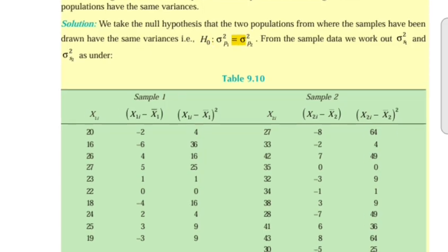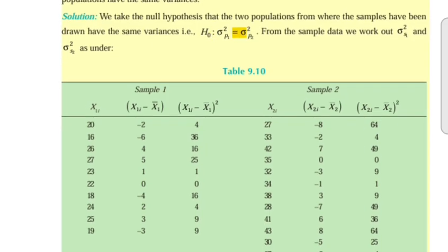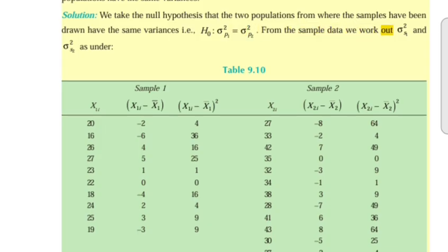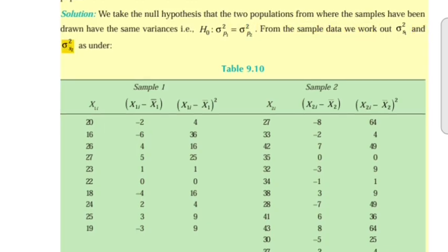Sigma equals. From the sample data we work out sigma S12 and sigma S22 as under.